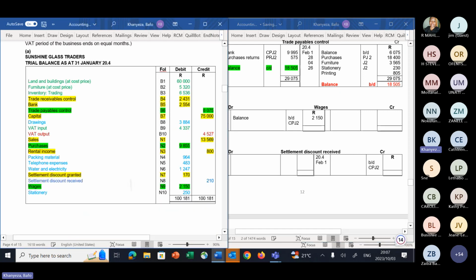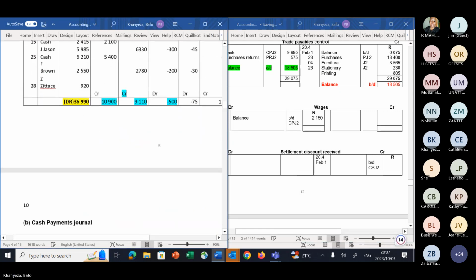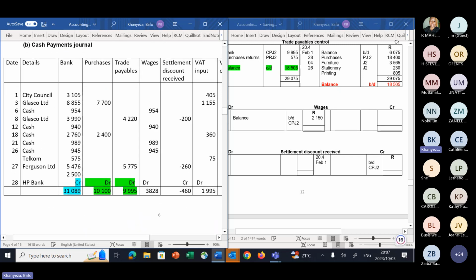Then we move on to where we were on wages. So wages are an expense, so that's why we're gonna have to debit wages. Wages are an expense, then that means we will need to debit it. Let's debit wages then with 3828.